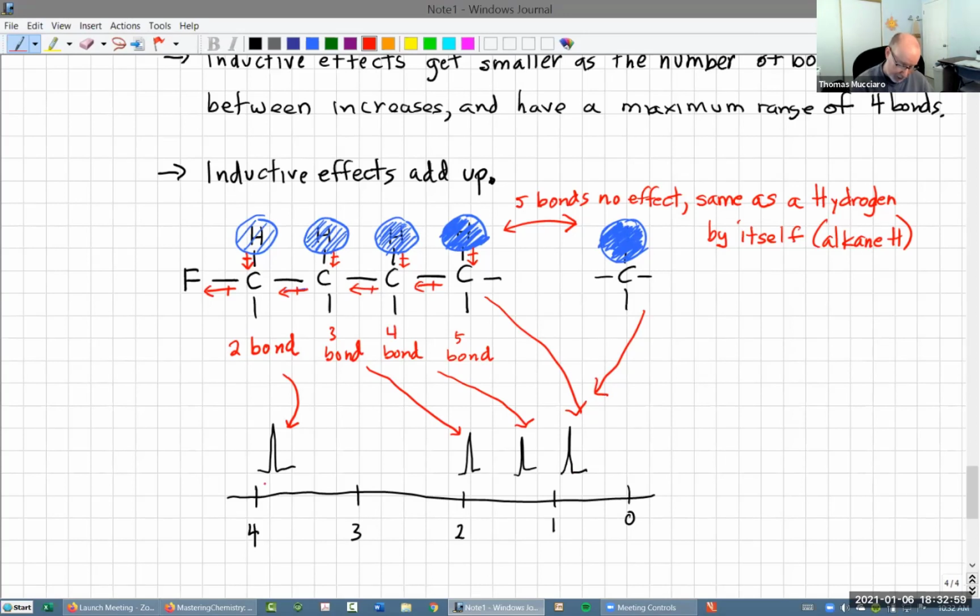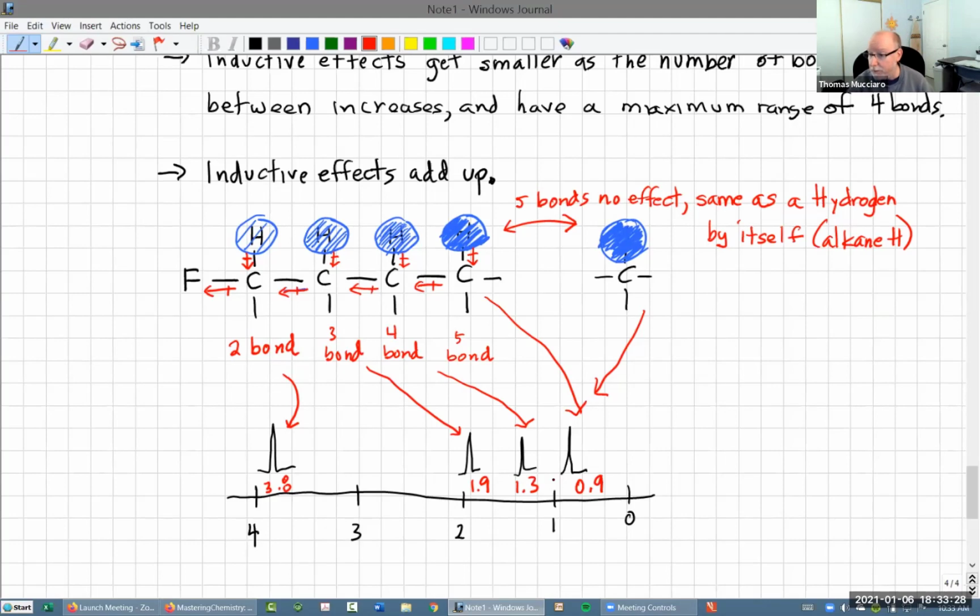So this would be like 3.8, this would be like 1.9, 1.3, 0.9. Do you see as the density increases, it moves farther and farther to the right? And when we look at the correlation table, that's where those numbers come from, basically.